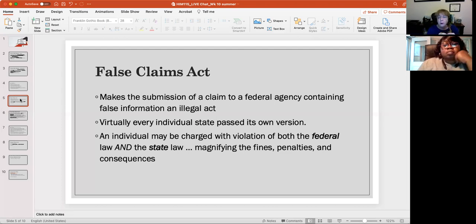And remember that these illegal acts, filing a claim form with incorrect information, have consequences of fines and penalties, as well as jail or prison time.